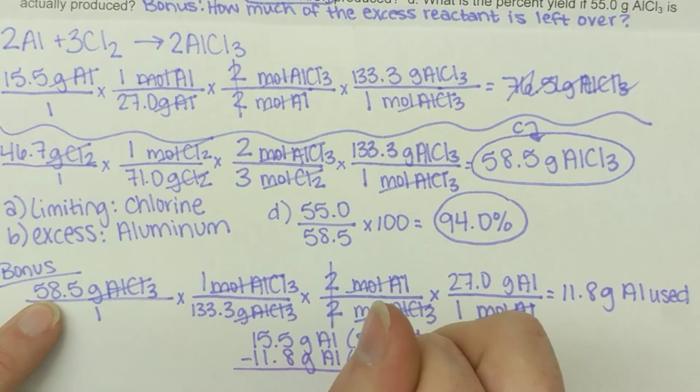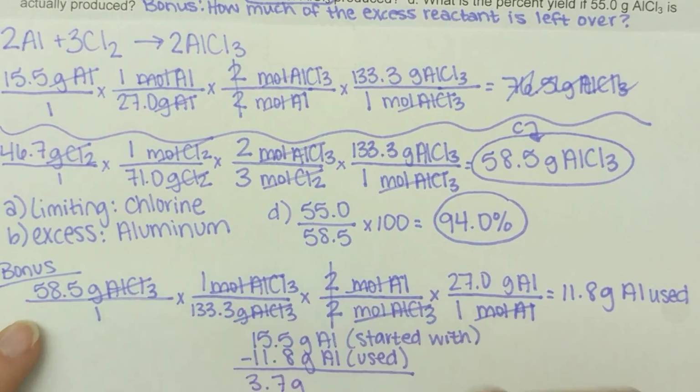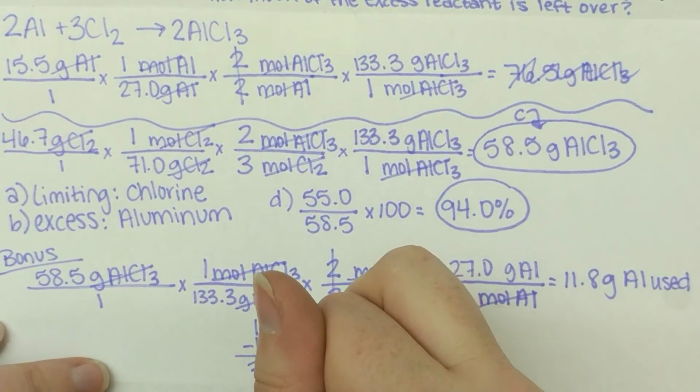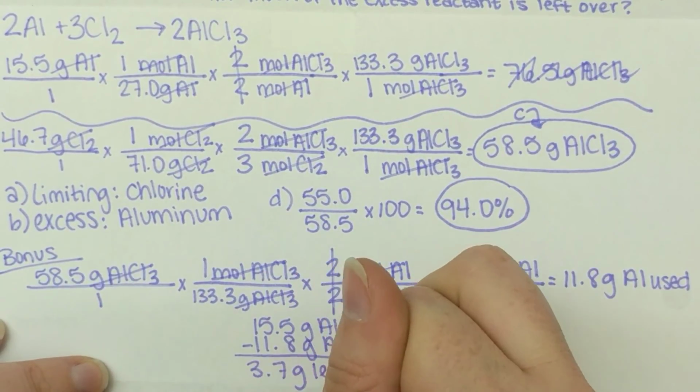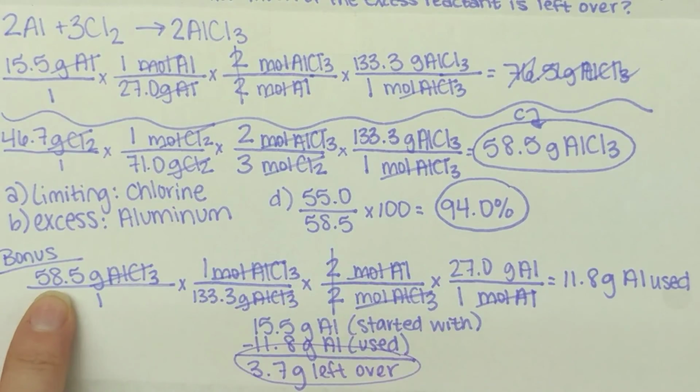If I subtract those, I get 3.7 grams. And that's how much is left over after only making 58.5 grams of aluminum chloride, and that's when the reaction stops. So this is my answer. 3.7 grams was left over.